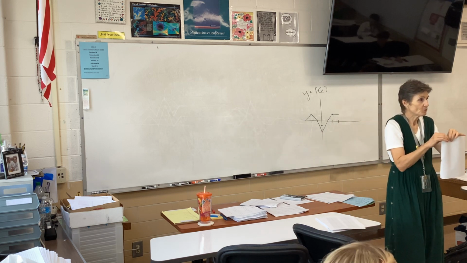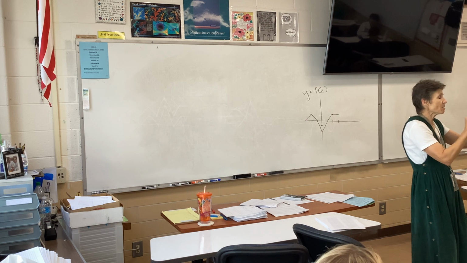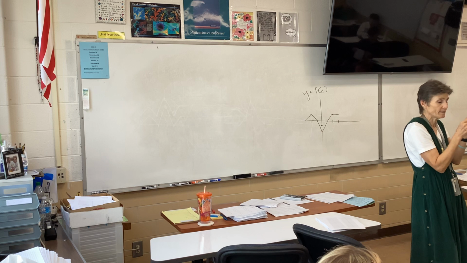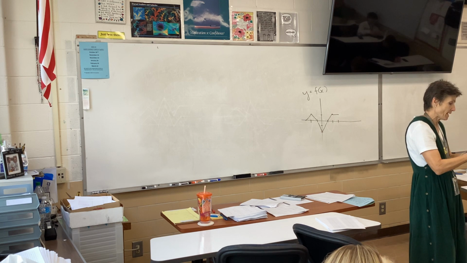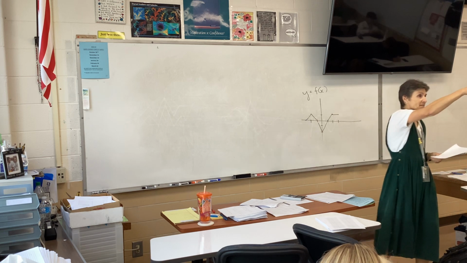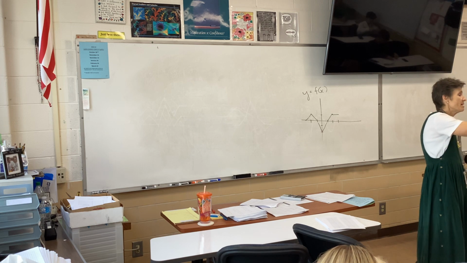I want you to tear a square, and it can be any size square you want, out of each corner. So just rip a square out of each corner. Now, my square is this big. You pick your own size. I don't want them all to be the same.